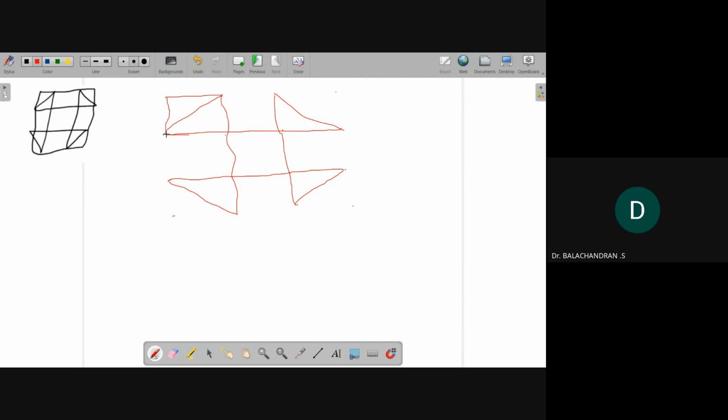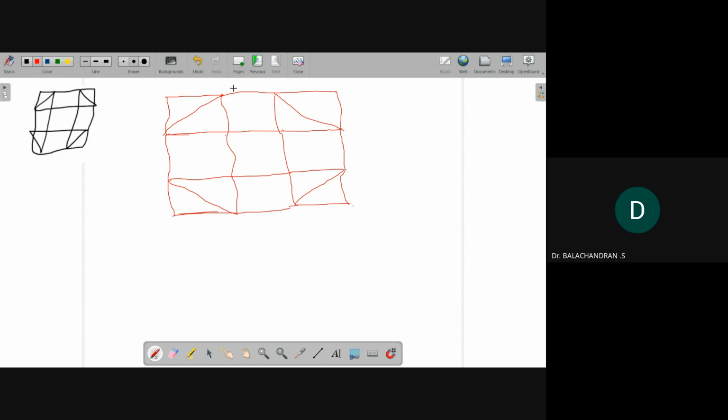I'll go like this. Okay. Finally, I'll end with here. So this is the starting and the end point. Or you can choose some other vertex also as starting and end points.